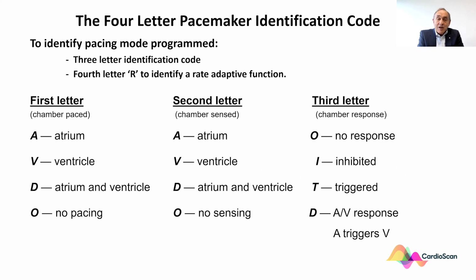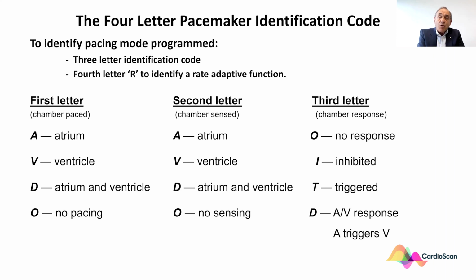This is a 3-letter identification code, and there is a 4th letter, R, which is to identify rate adaptive function. Every pacemaker manufactured today has a rate adaptive function. So we keep that in parenthesis. But when it is turned on, programmed on, we then add the R without the parenthesis.